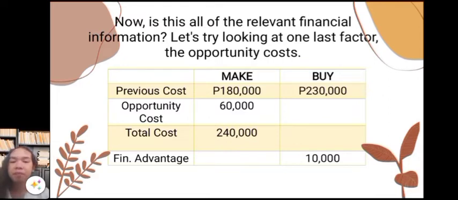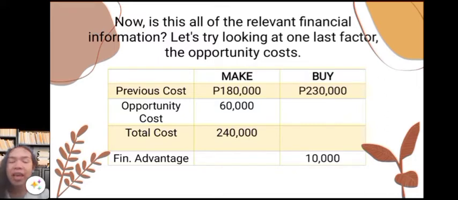But, say for example, yung space na ginagamit natin in making our bandana could be used for another purposes. Say for example, yung another product which is belts. And then, if we're gonna use that space in making belts, it would incur a segment margin of 60,000.